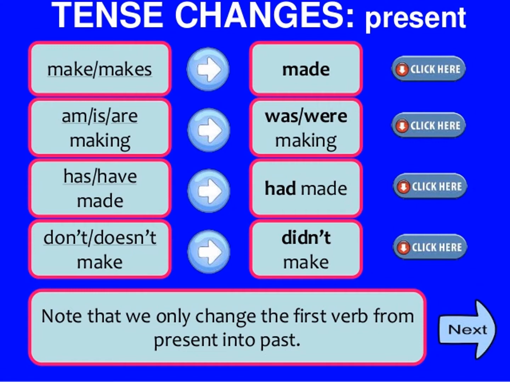And you have to know that we only change the very first verb from present into past. If we have more than one verb, as in I am making, I am doing, we only change am or is or are. We don't change anything else.